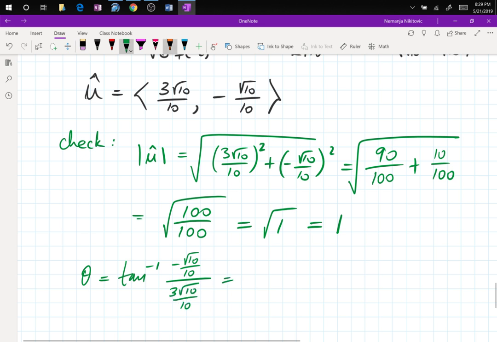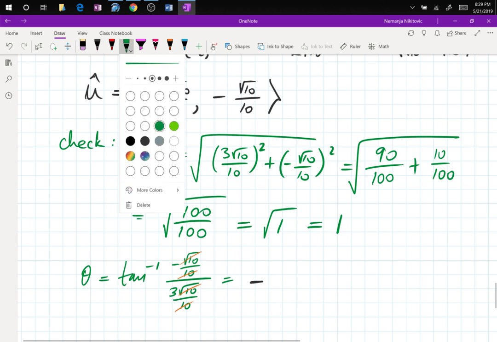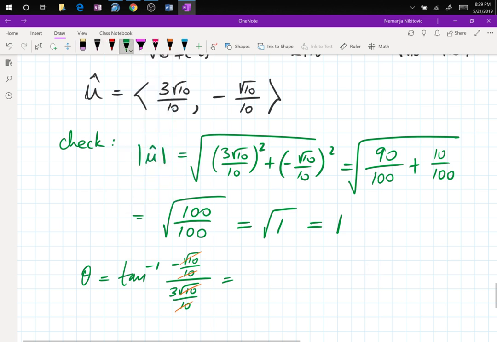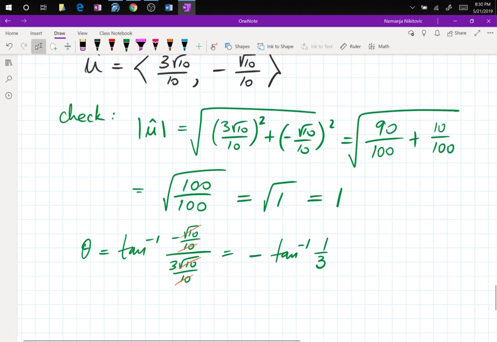A lot of stuff cancels over here. Root 10, 10, and 10. Inverse tangent is odd, so minus jumps outside. So I have negative inverse tangent, and then I have 1/3. You can get decimals if you love them so much.